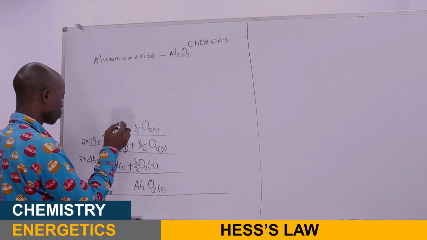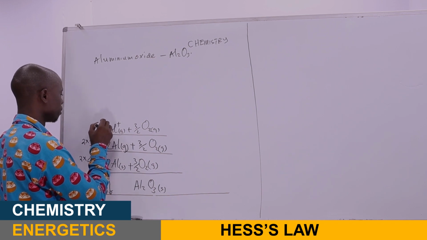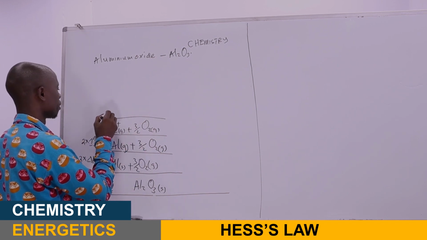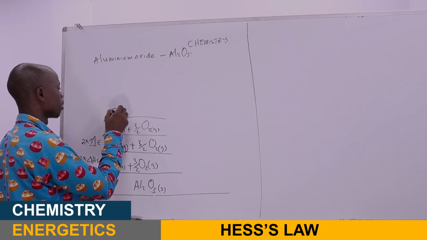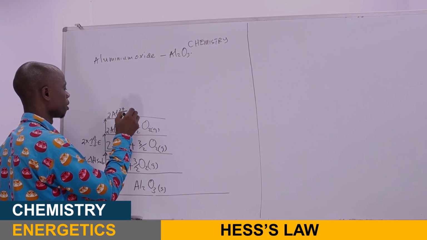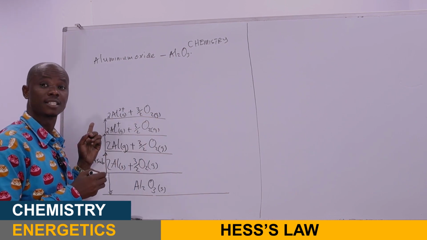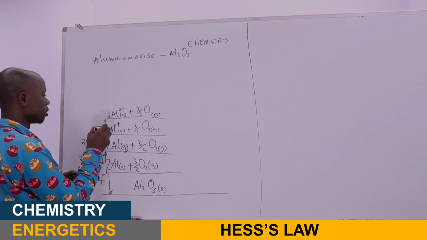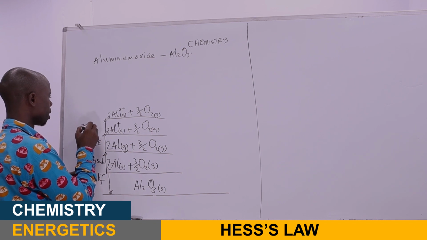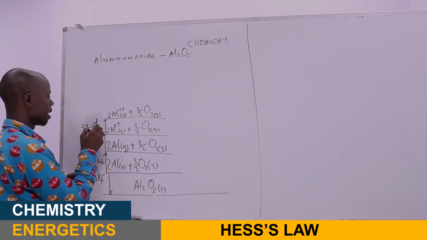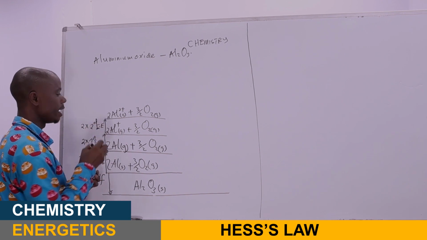Now from there we go to the first one. This is the second ionization energy times 2. 2 times the second ionization energy.